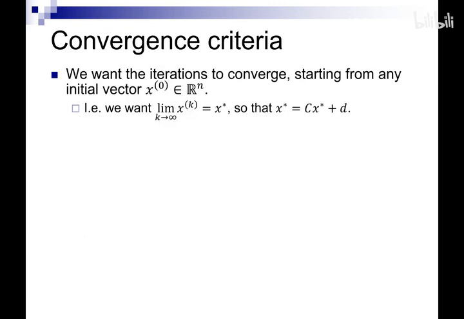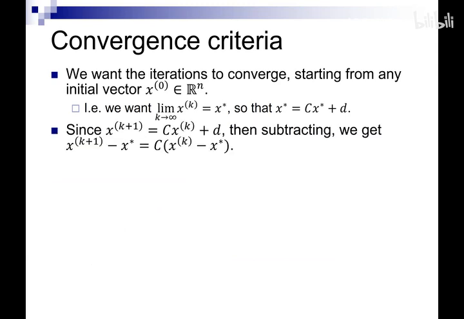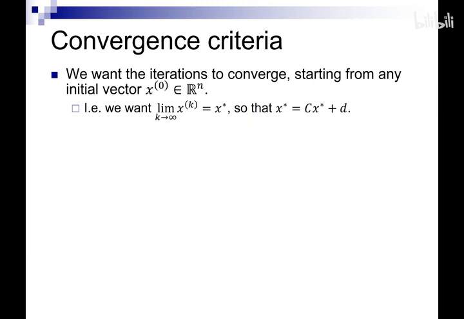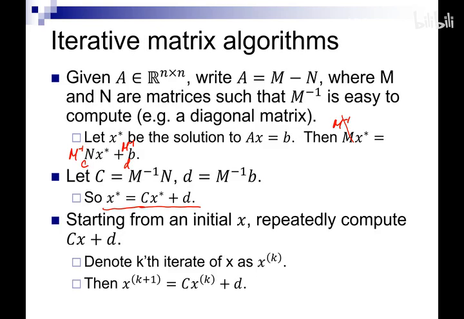The way we express that is that the iterates converge: as k goes to infinity, x of k converges onto the correct solution x star. This x star solves this equation, and then it also solves the original equation, A times x star equals b.